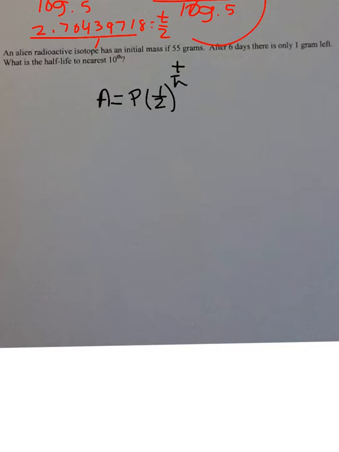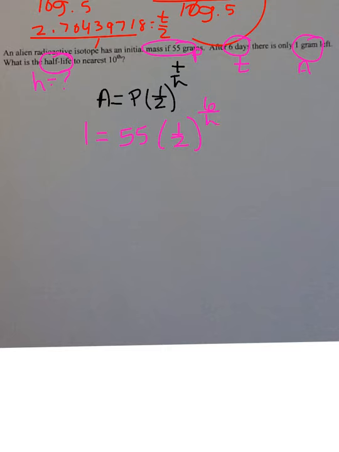All right, so we have this alien isotope, the initial mass, that's P. After 6 days, that's your time. We have 1 gram left, that's your A. And it says, what is the half-life? So that means we're looking for H. So we have 1 equals 55 times 1/2 raised to the 6 over H power.